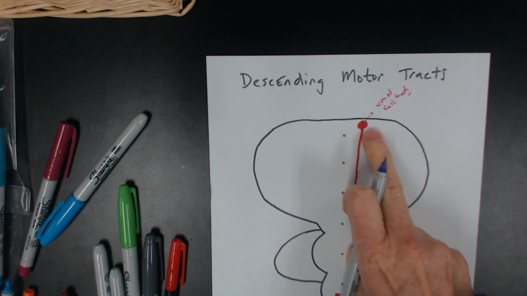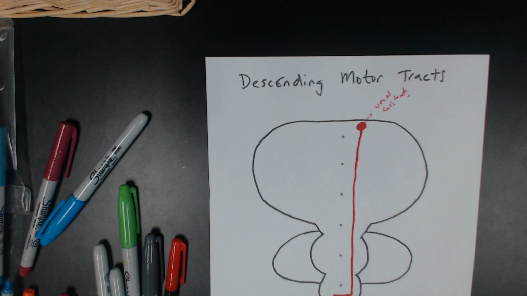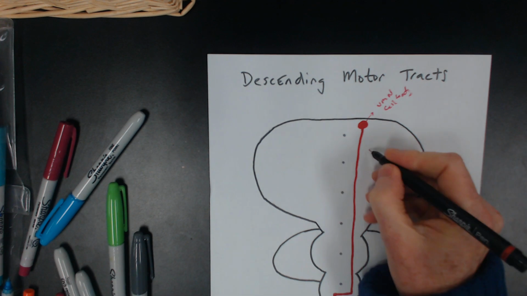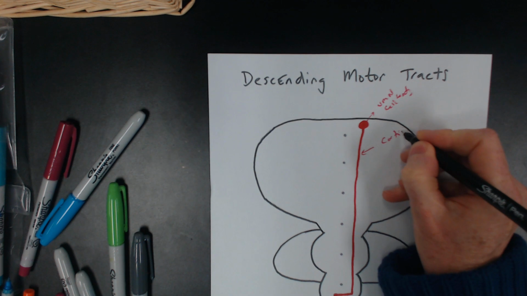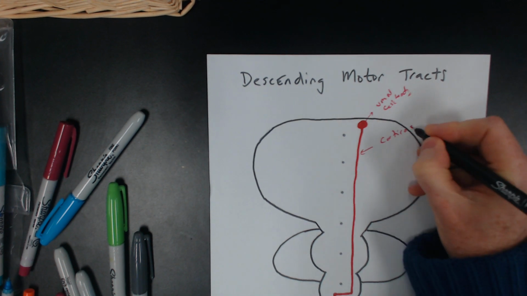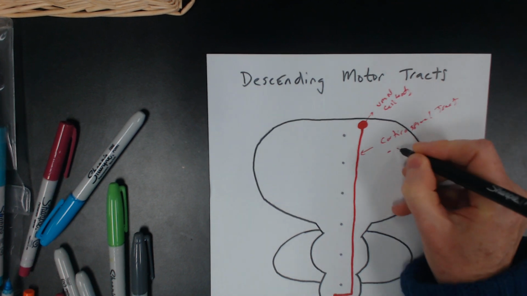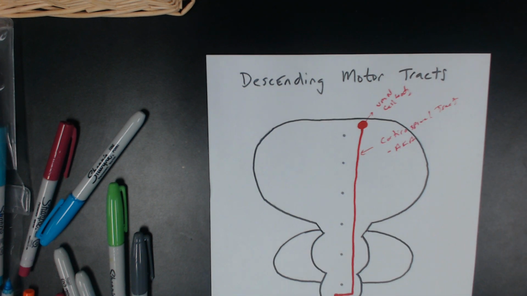Now coming out of this upper motor neuron cell body, does anybody remember the name of this tract coming down, starting in the cortical region, going down to the spinal cord? Corticospinal, that's it. So there's your corticospinal tract. The corticospinal tract has another name. Does anyone know the other name? It's called the pyramidal tract, like pyramid.